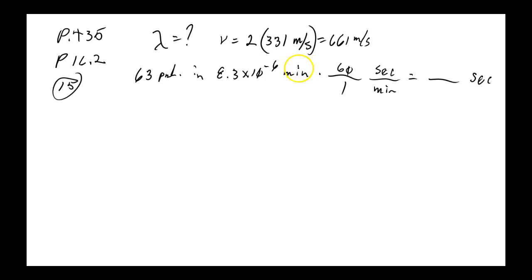I have 4.98 times 10 to the 8. Whoa! Okay, try that again. Did you put negative 6 or a 6? 8.3 EE or EXP minus 6 times 60.